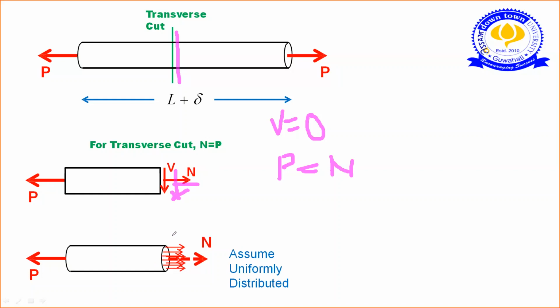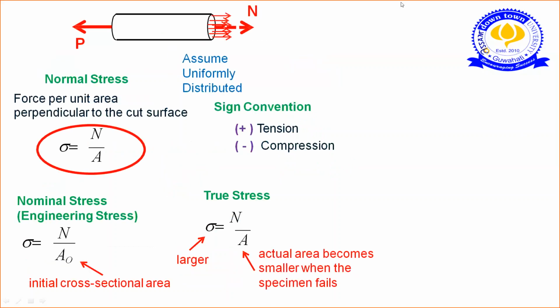And we assume that all the stresses are evenly distributed over this section. Is it or not? Here the shear force becomes 0, negligible. Now this P becomes N, and the whole stress on this area is uniformly distributed. So we got normal stress. What is normal stress?